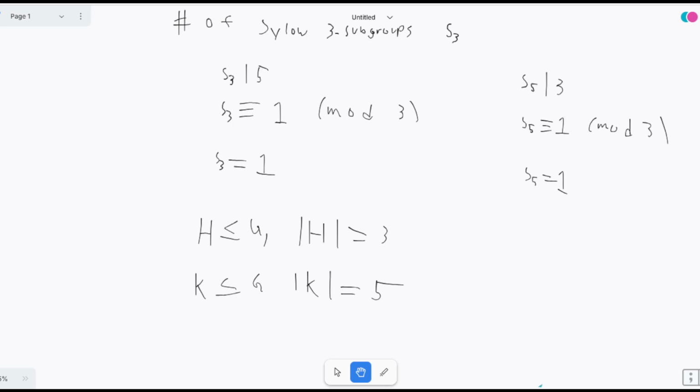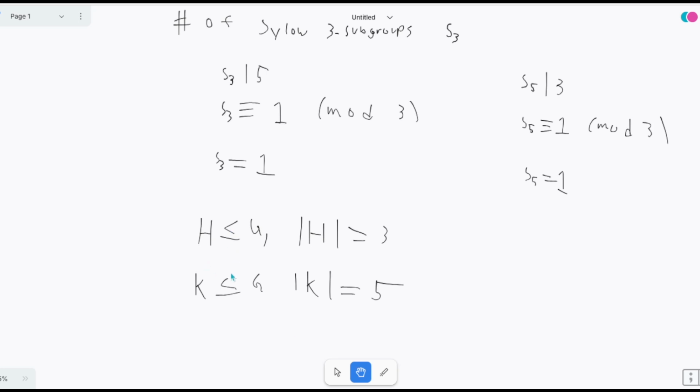And any subgroup with no conjugates is normal, because that's part of what it means to be a normal subgroup, is that you can conjugate the group and it will be the same group. So if there's only one group of a given size, obviously if you conjugate it, you have to end up with the same group.